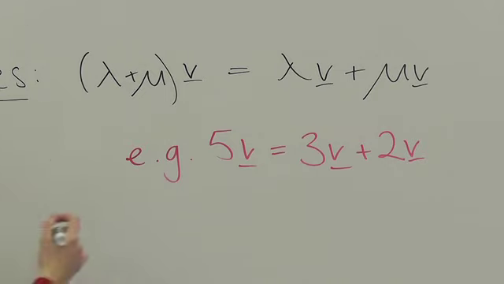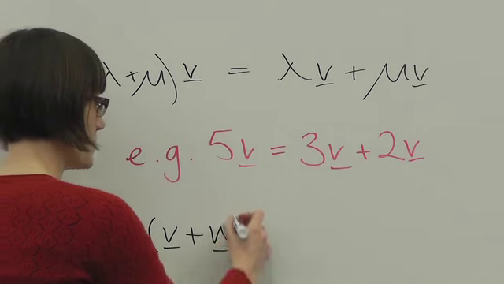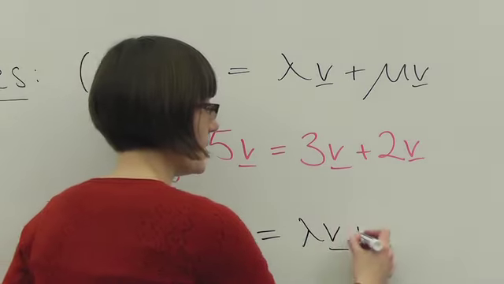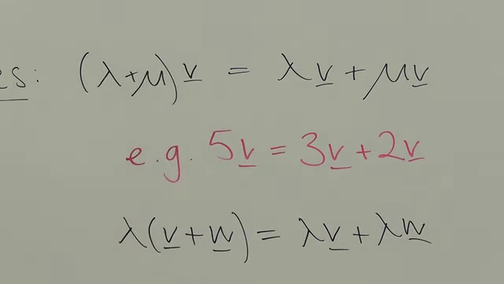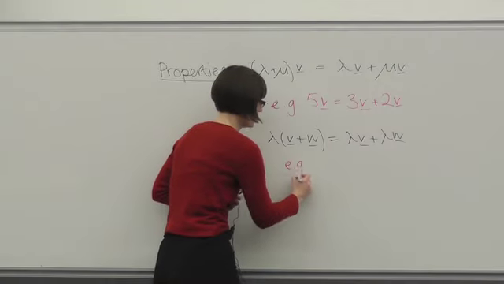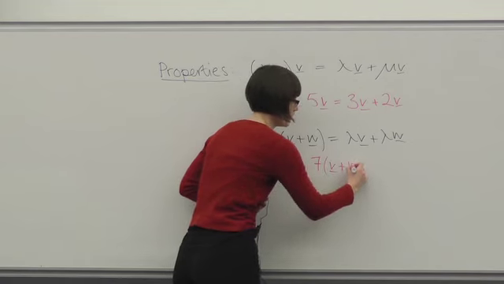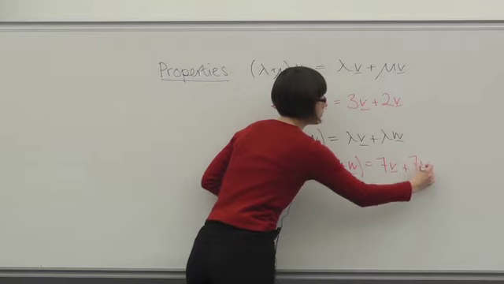As another property, we have that lambda times the vector v plus w is always the same as the vector lambda times v plus lambda times w. So for example, 7 times (v plus w) is always the same as 7 times v plus 7 times w.